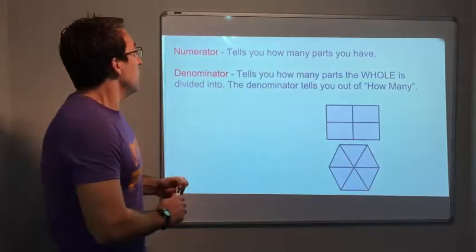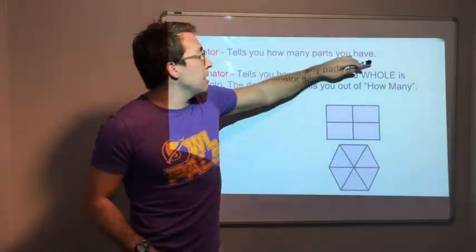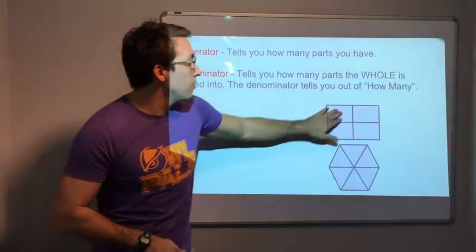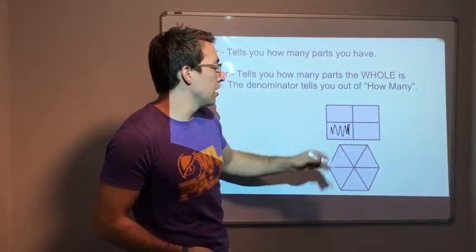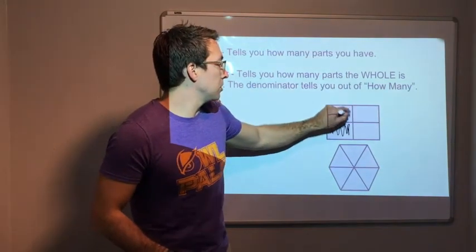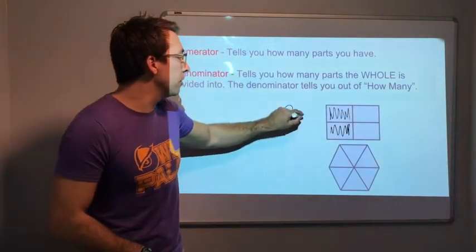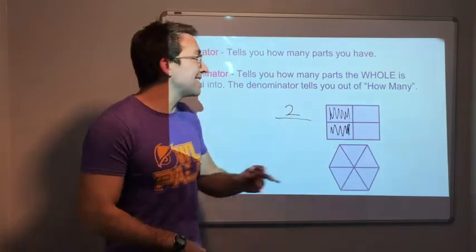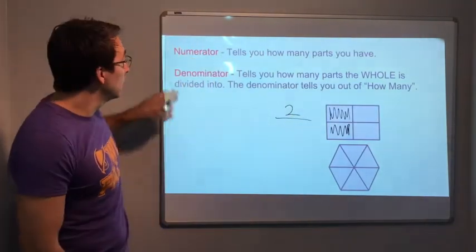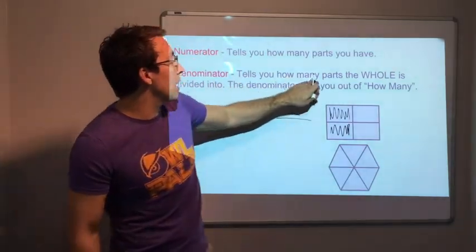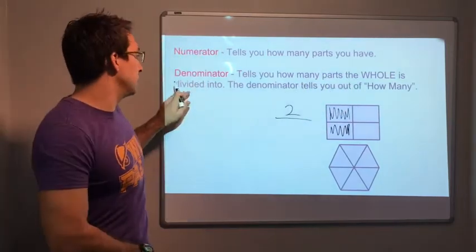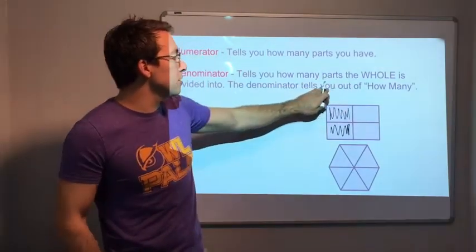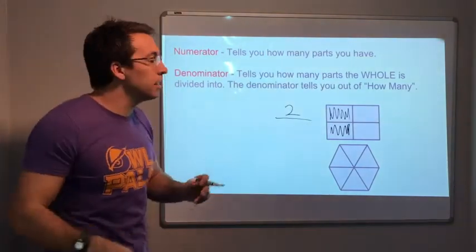All right. The numerator tells you how many parts you have. So if we have 1, 2, we have 2, okay, the numerator, that's the top number. And then the denominator tells you how many pieces, how many parts the whole is divided into. The denominator tells you out of or how many, right?